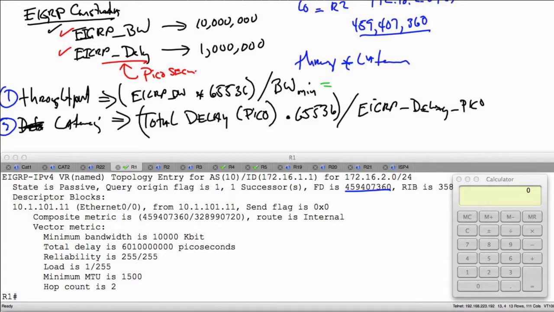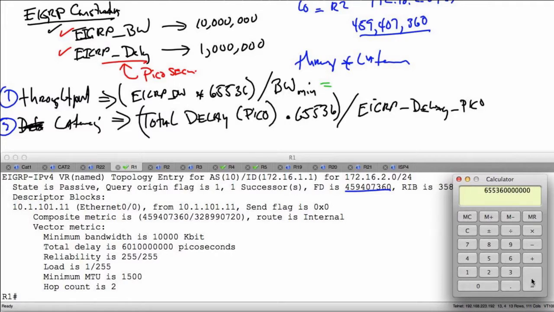For throughput, we're going to take our EIGRP bandwidth value, which is this value right here, our 10 million, and multiply that by 65536. Hit enter.